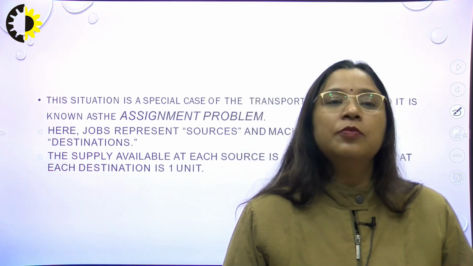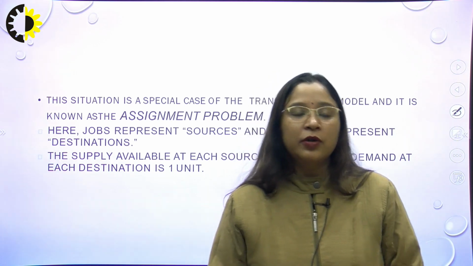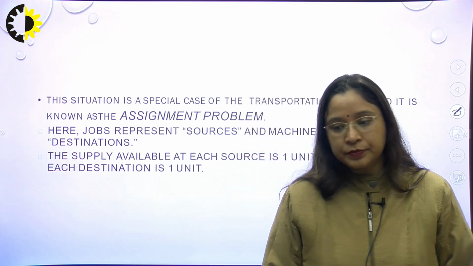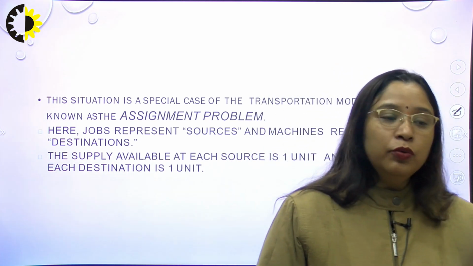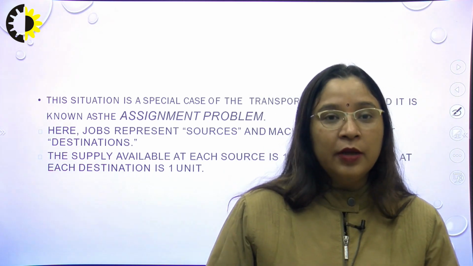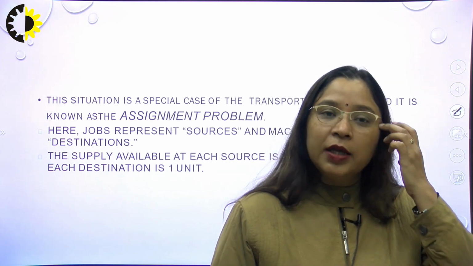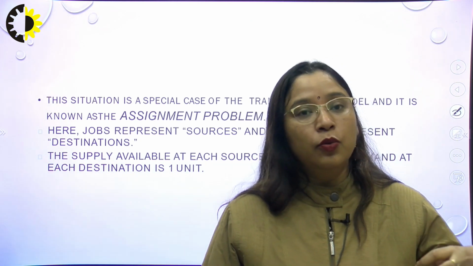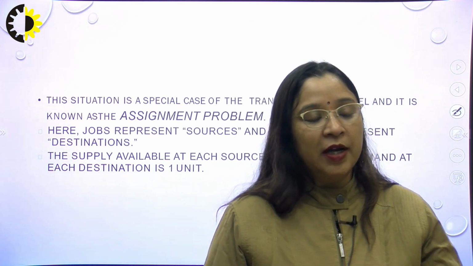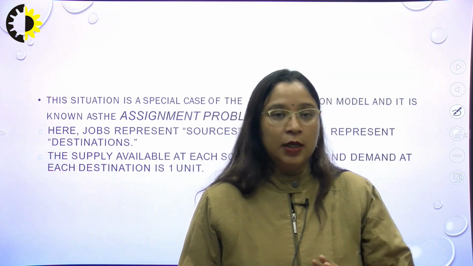Assignment model is a special case of the transportation model. In the transportation model, for example, a Mother Dairy plant has to deliver milk products all over India. So they have to assign particular plants or stations to a region that can fulfill the demand of that particular area.